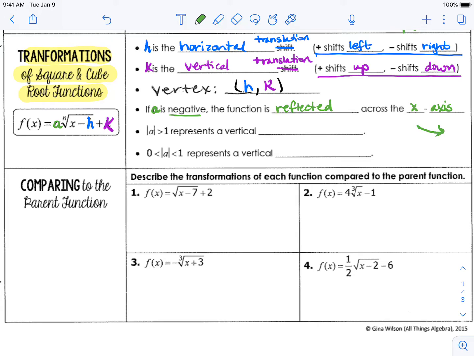If I want to know if it shrinks or stretches, for all my A's that are bigger than 1, then my graph is going to stretch.